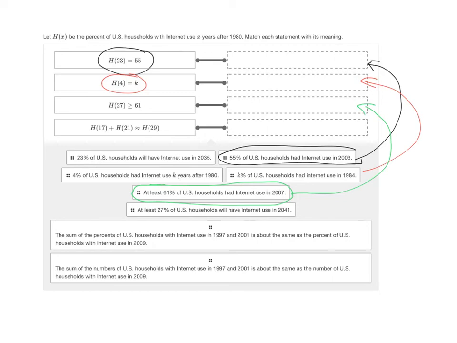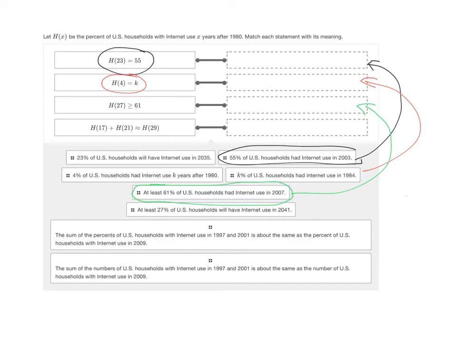And then we have h of 1997 plus h of 2001 is approximately equal to h of 2009.